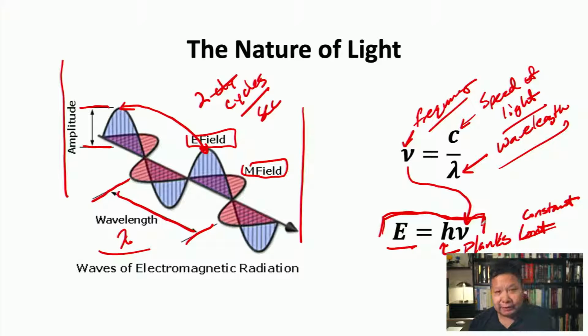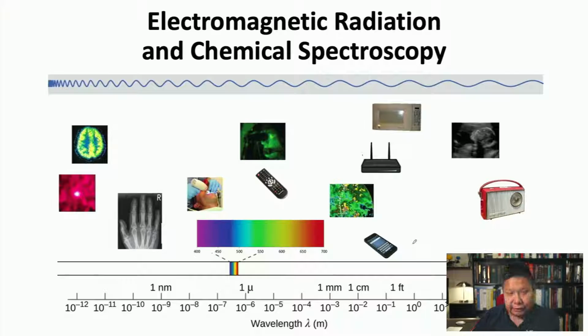Anyway, but yeah, so using those terms, you can determine what the energy of the light is. Okay, and why is that important? Well, that's important because the energy of the light, or the electromagnetic radiation, determines how it interacts with molecules in chemistry.